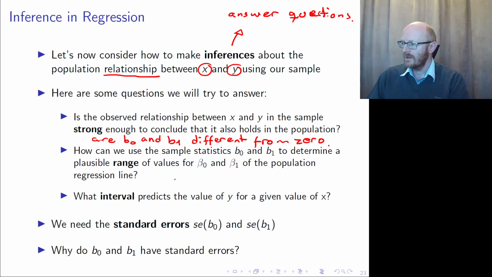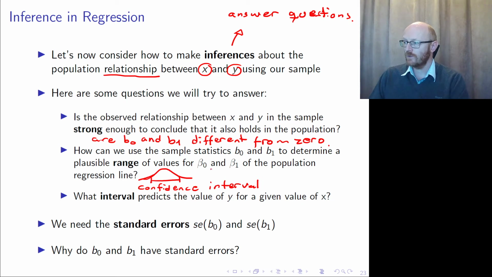So here we use sample statistics, the coefficients, to get a plausible range. Remember that they are t-distributed or normally distributed, and then you can make a confidence interval for the intercept and the slope.